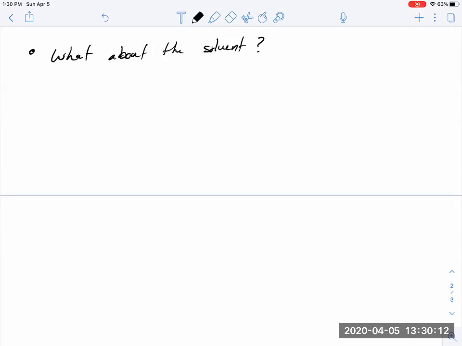So let's make some definitions. Let's say that mu sol is the delta G when one solute is added at fixed temperature and pressure.